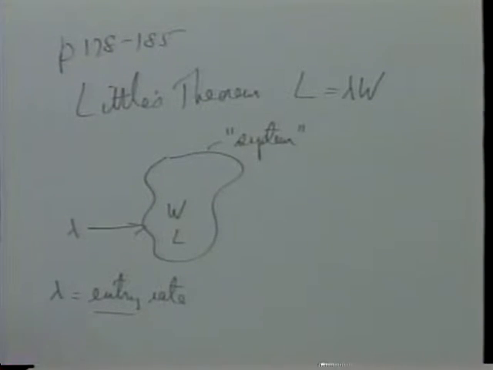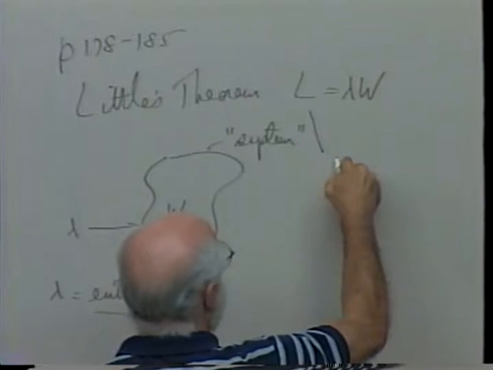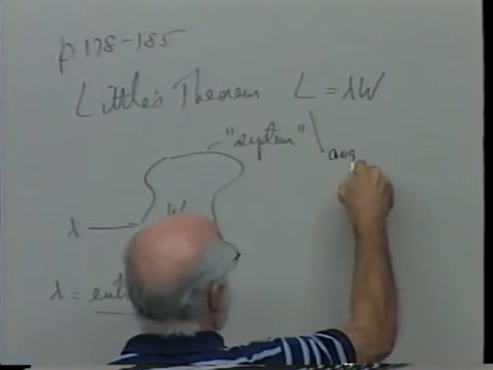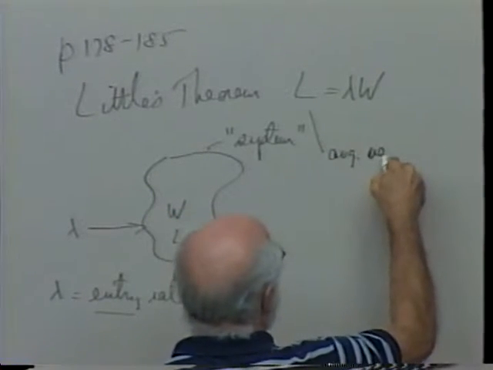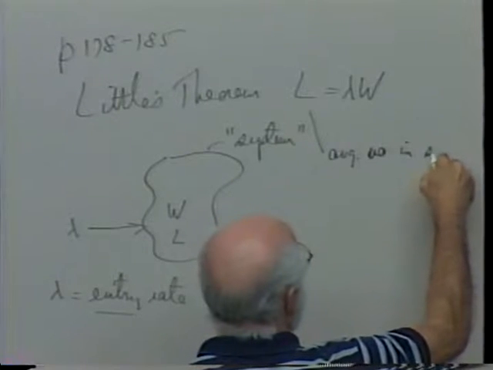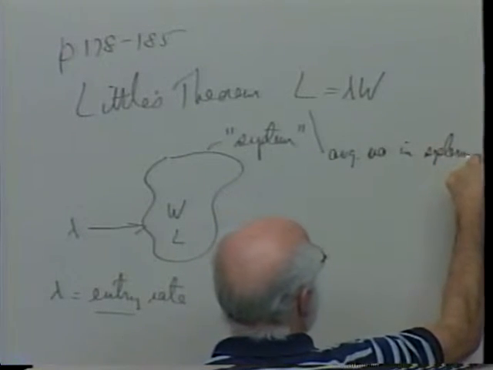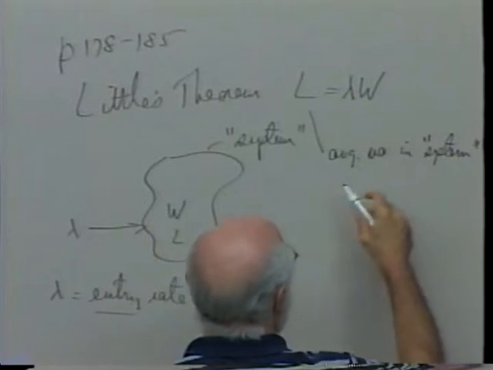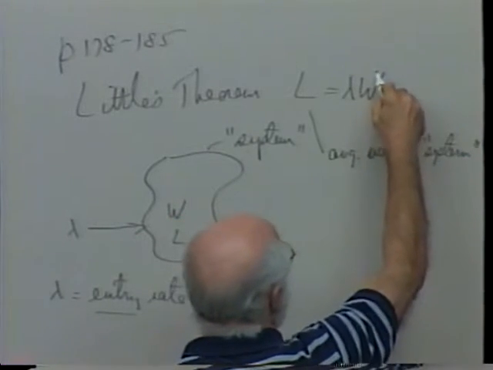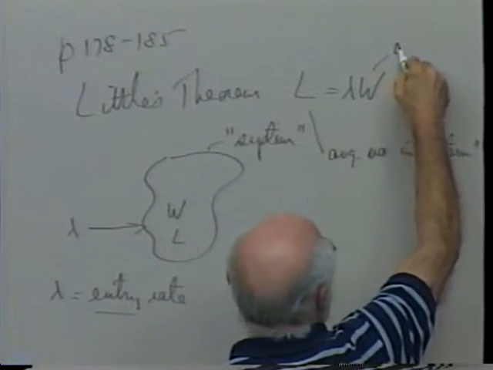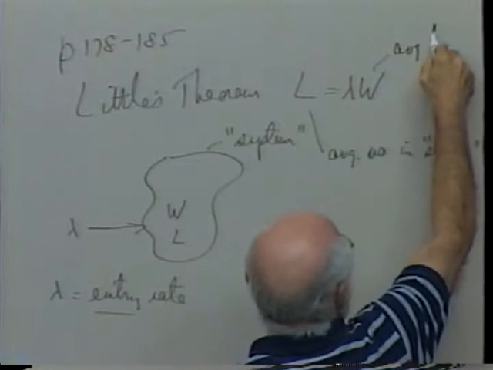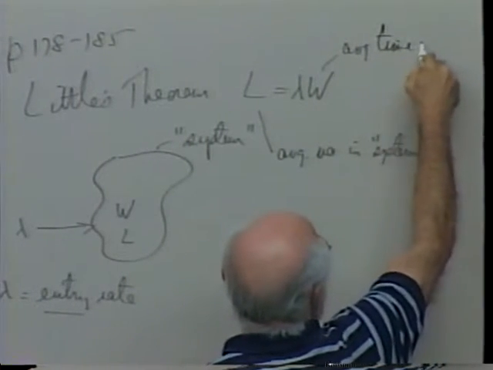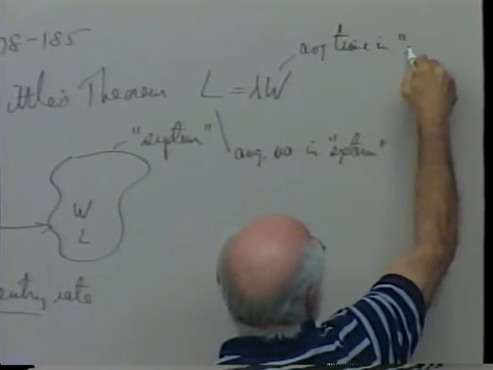Okay, so L is average or expected number in system, and W is average time in system.